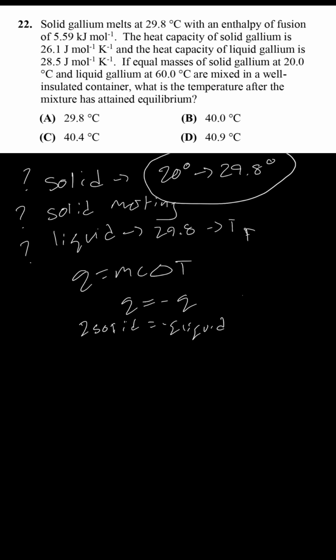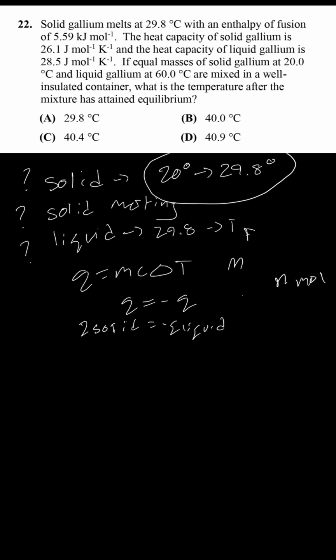Since there are equal masses, we're just going to use some number n, like n moles of both. This will simplify calculations a lot. If they have the same mass, then they also have the same number of moles.